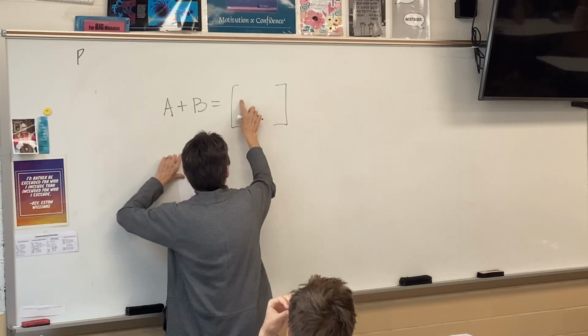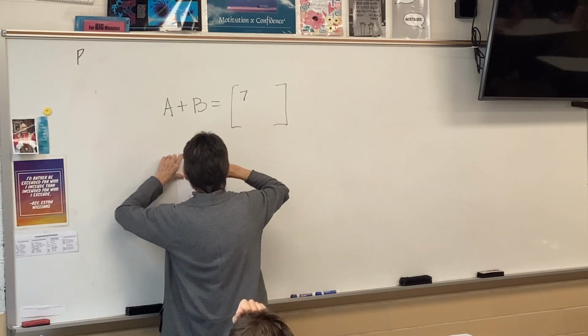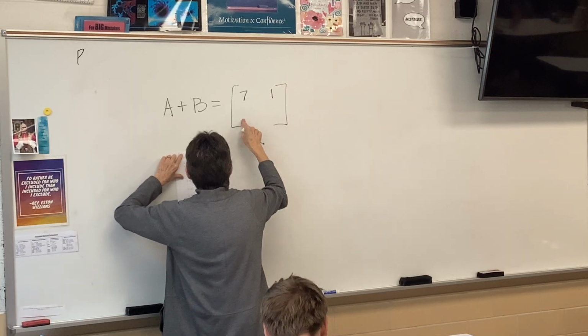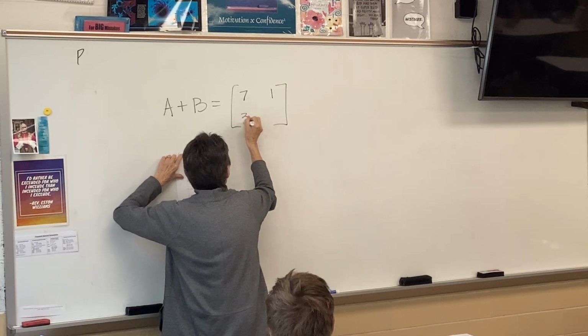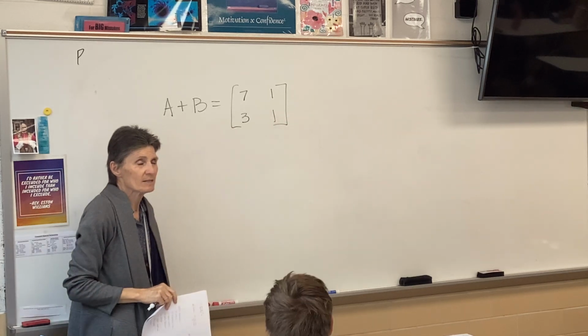What do you think is going to go right here? 7. Yep, I told you, you are right. What's going to go here? 1. What's going to go here? And there you go.